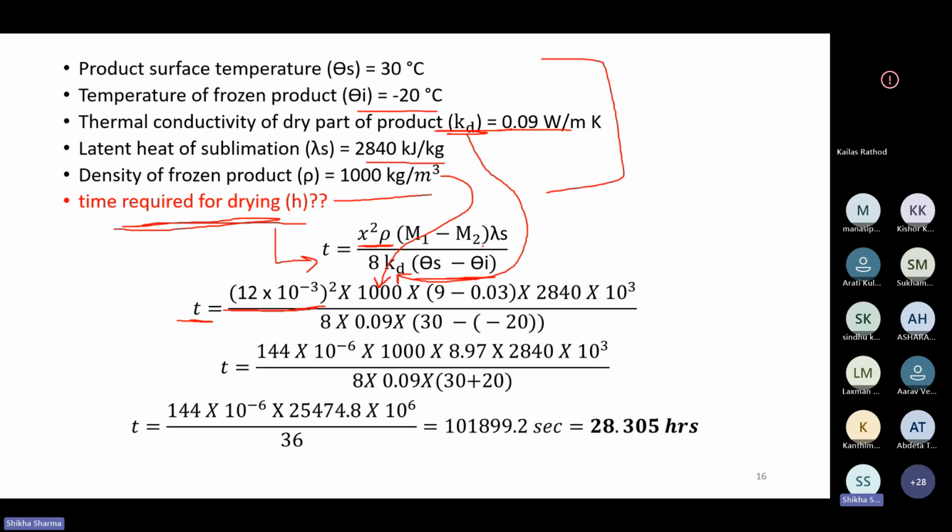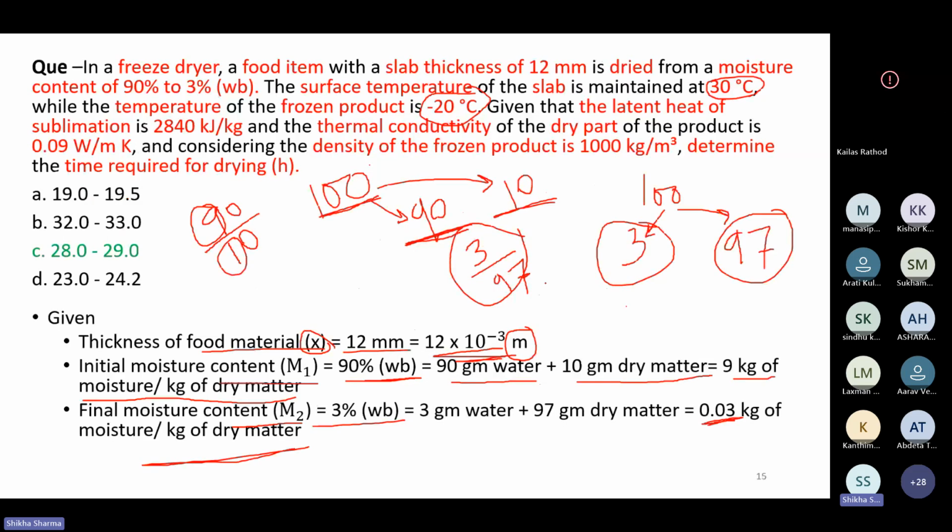Then m1 minus m2, the initial moisture minus the final moisture, which is 9 kg of moisture per kg of dry matter minus 0.03 kg of moisture per kg of dry matter.